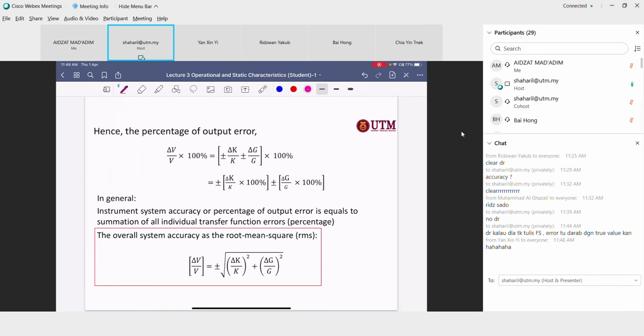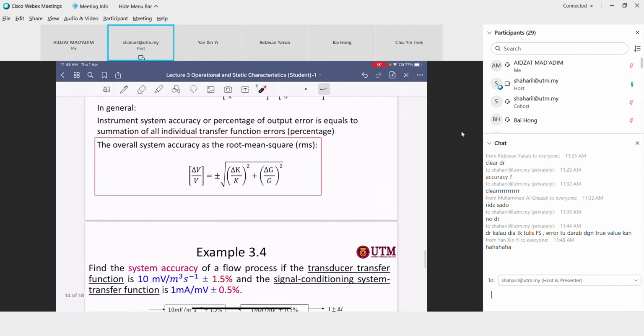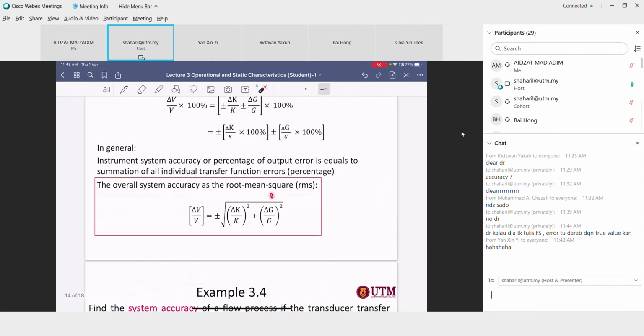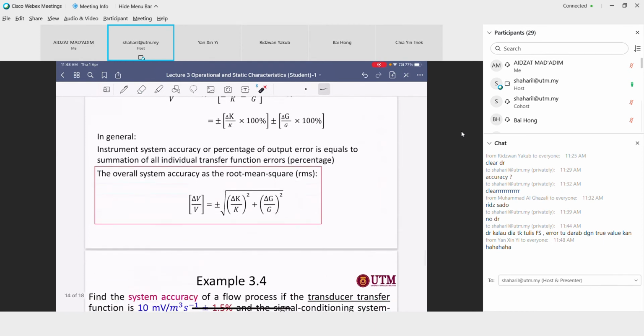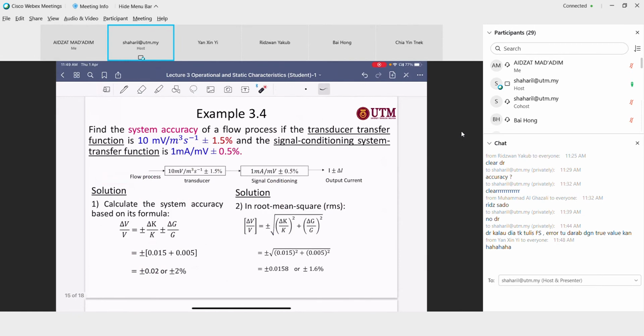In terms of the percentage, you just times it with 100%. And for the root mean squared, this is the formula. Let's do an example for the overall instrumentation system in terms of system accuracy.